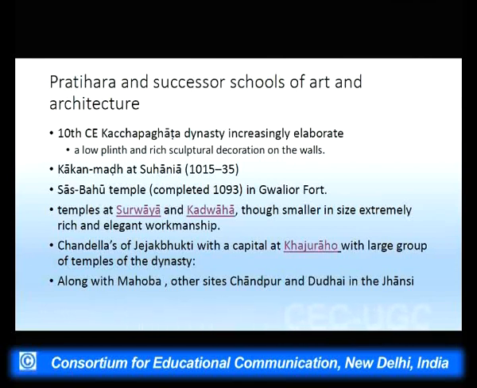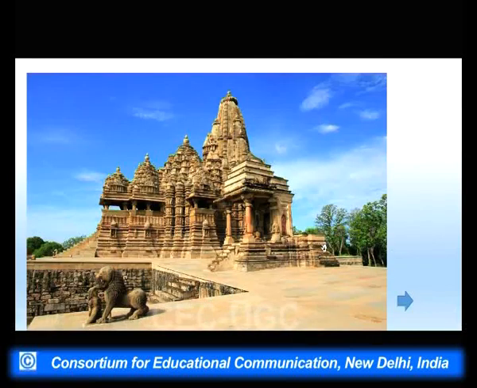You have a number of kings such as Yashovarman, who continued to make temples at Khajuraho, and Yashovarman was a Vaishnava devotee. Many other Chandela kings call themselves Param Maheshwar, that is, they were Shaiva in their affiliations, right?